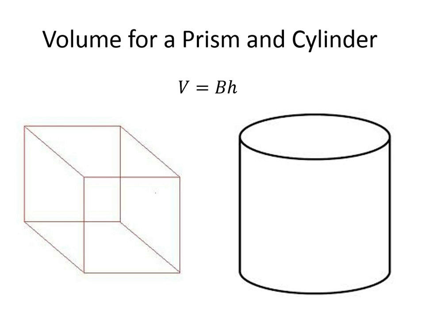Okay, so volumes of prisms and cylinders are the exact same formula. V is equal to capital B, which is the area of the base, times whatever the height is.